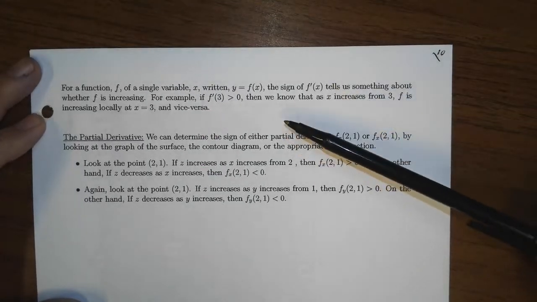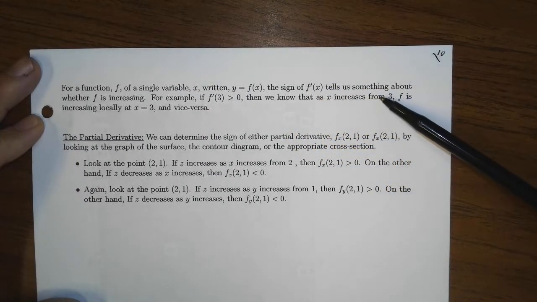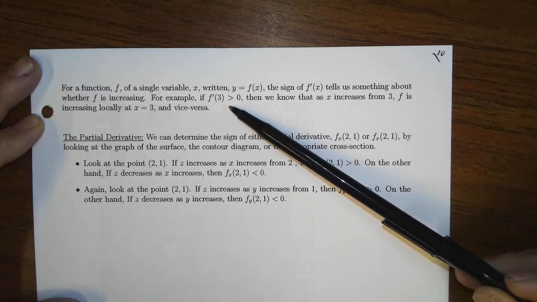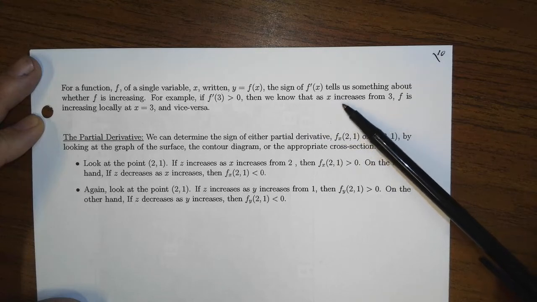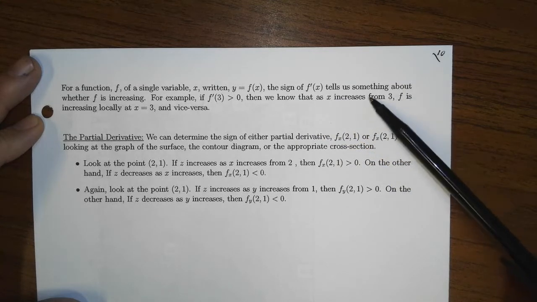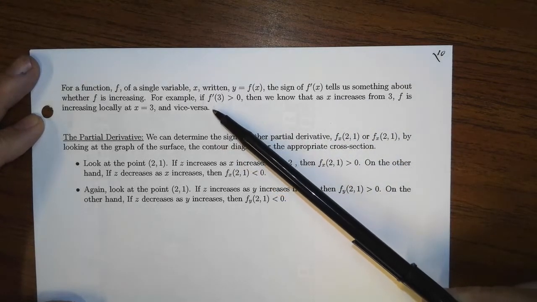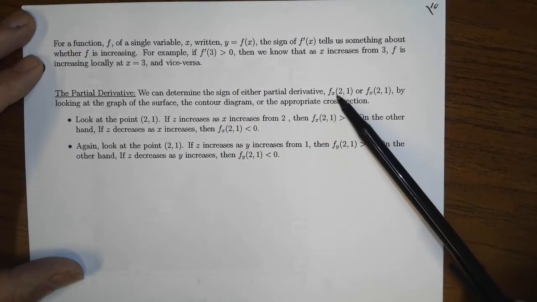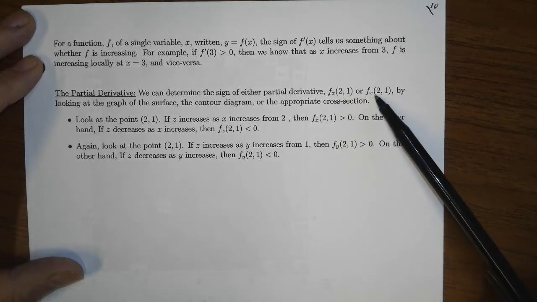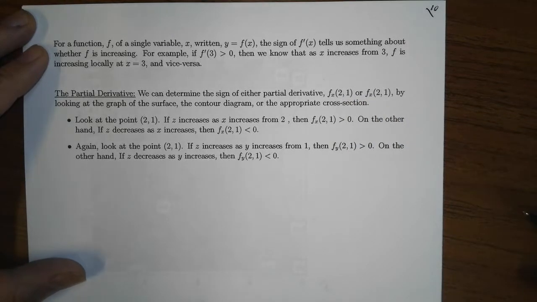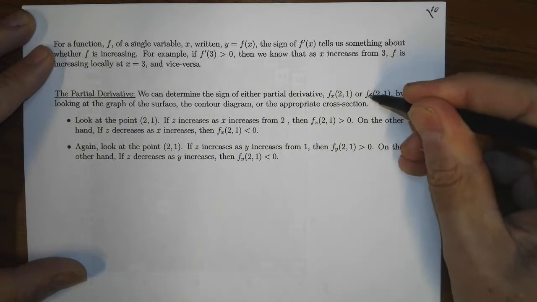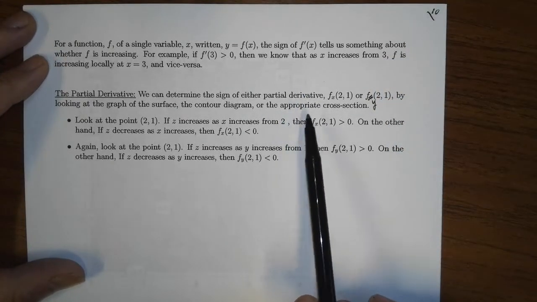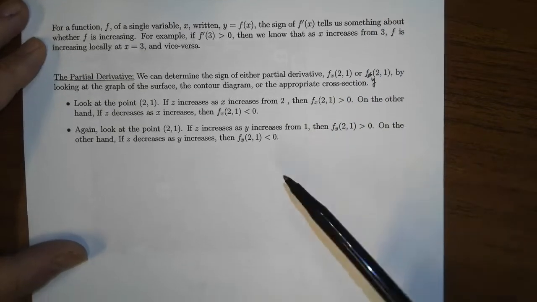For a function of a single variable, we know that the sign of the derivative tells us something about whether a function is increasing. So for example, if f prime of 3 is positive, then we know that as x increases from 3, f is increasing, and vice versa. Now for the partial derivative, we can do exactly the same thing. The partial of f with respect to x at (2, 1), or the partial of f with respect to y at (2, 1), by looking at the graph of the surface, the contour diagram, or the appropriate cross-section.